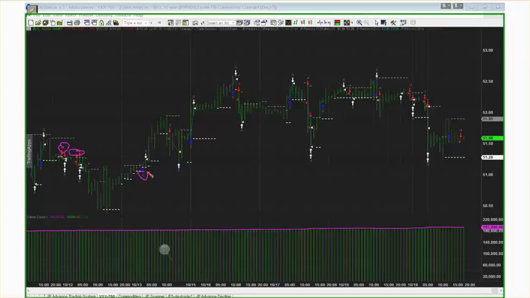Notice what it's done here. We've gone from a 2 lot to a 10 lot, a 5 lot, a 4 lot. It alters 8 contracts, 12 contracts, 7 contracts, 2 contracts, 4 contracts. You can see that it automatically adjusts our position based on risk. The signals are the same, but if you automatically adjust your positions, you can take a pretty good system and turn it into something a lot better.